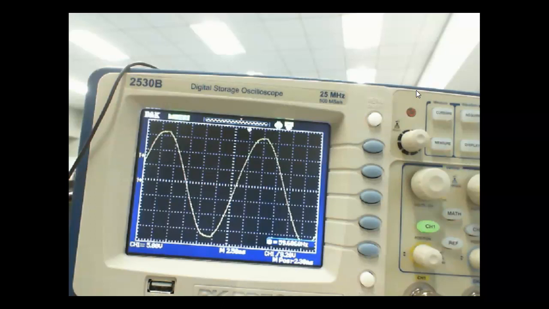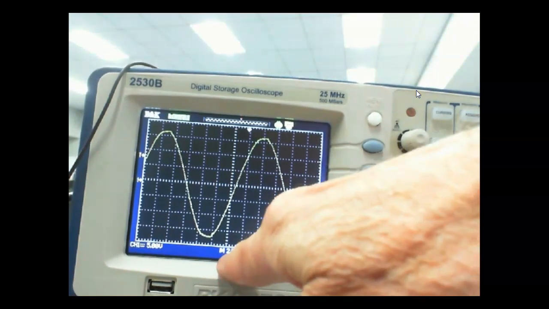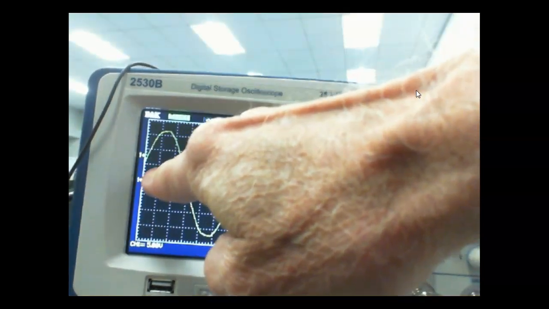Then I multiply it by my time, 2.5 milliseconds. So what does that give you for the time? Everybody understand what we just did, yes, ma'am? What we're doing is we're measuring on the scope.